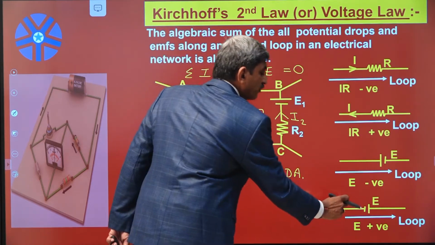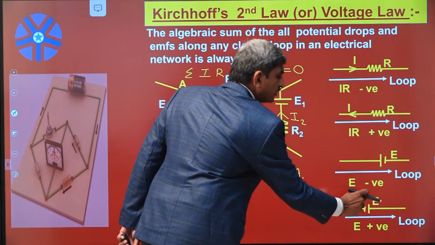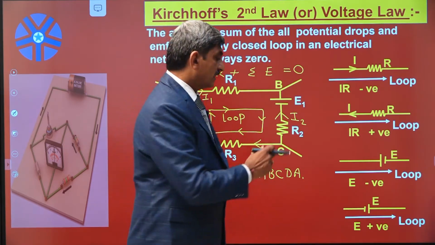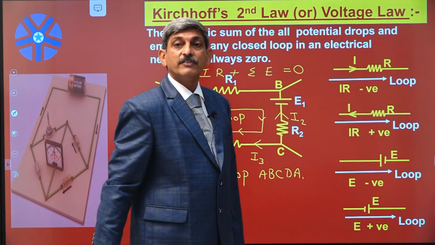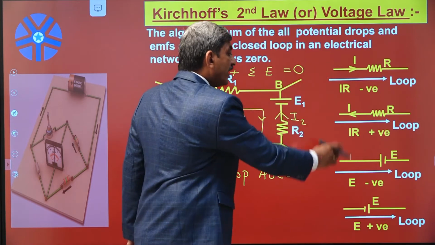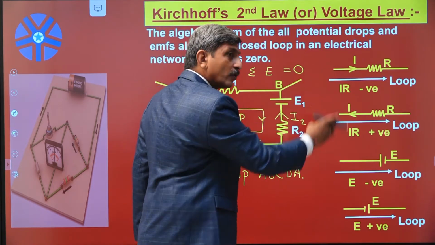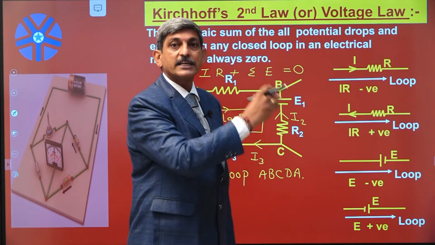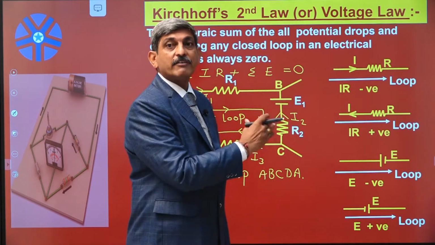And if we are moving from the negative terminal of the battery to the positive terminal along the loop, there is a rising potential. That EMF has to be taken with positive sign. Always we have to keep these 4 rules in our mind to apply Kirchhoff's voltage law wherever it is needed.